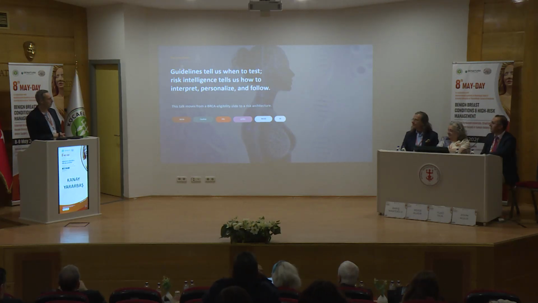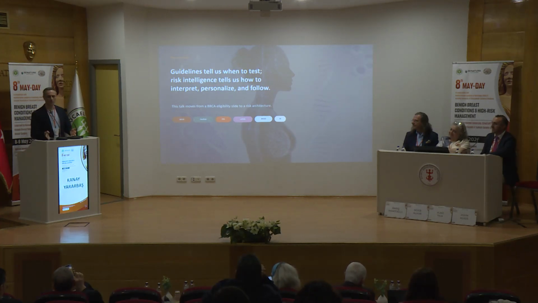But before that, I would like to give my core thesis. We all give counseling with a guideline-based or guideline-directed approach these days, because especially the NCCN guideline tells us whom to test, when to test, what to test. But my thesis in this talk is that guidelines tell us when to test.